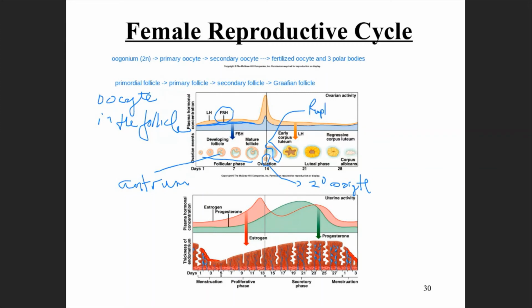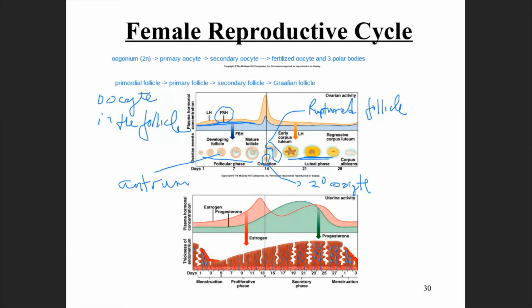So under LH, the ruptured follicle becomes the yellow body, known as the corpus luteum, right? And so you can think of the first 14 days, the follicular phase, as the follicle developing. Now under LH, the secondary oocyte is released, and the ruptured follicle becomes the corpus luteum.